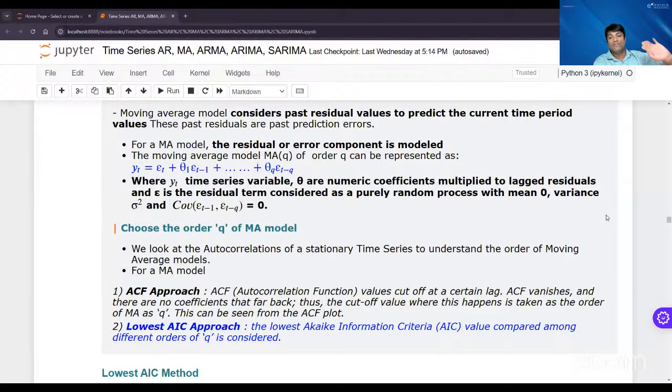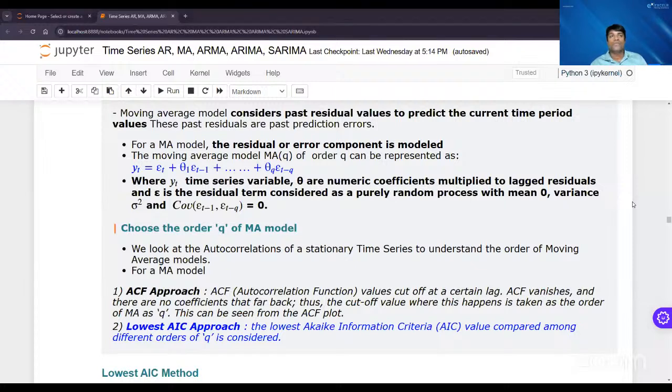When we talk about the main functions of the moving average model, there are two important things: the ACF, the autocorrelation function, and also the PACF, the partial autocorrelation function.